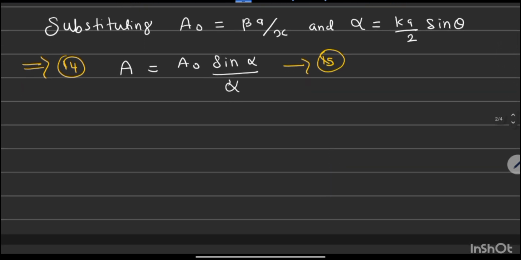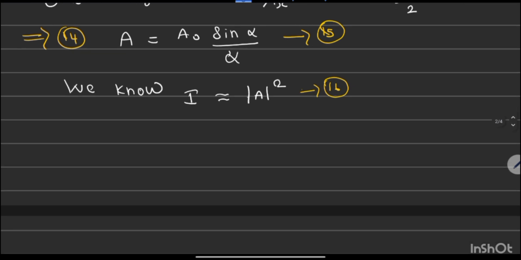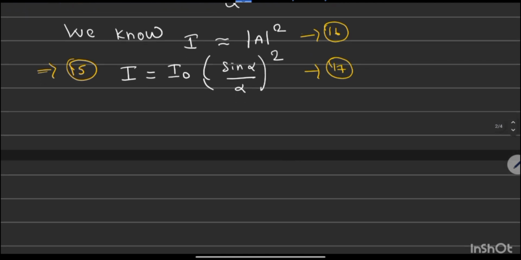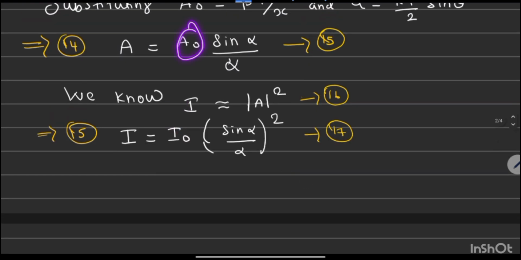So we know the intensity is directly proportional to mod of amplitude squared. Doing that, we get I is equal to I naught sin alpha by alpha the whole square, where I naught is a naught squared.